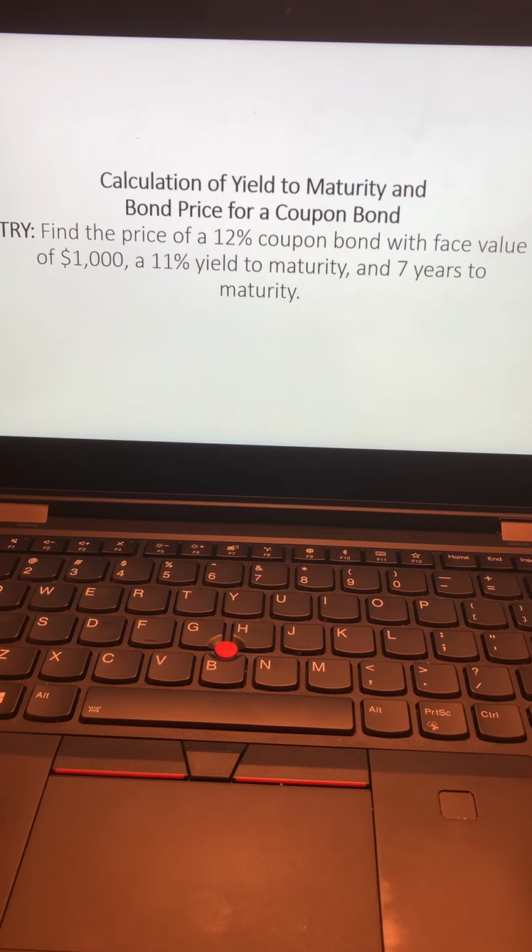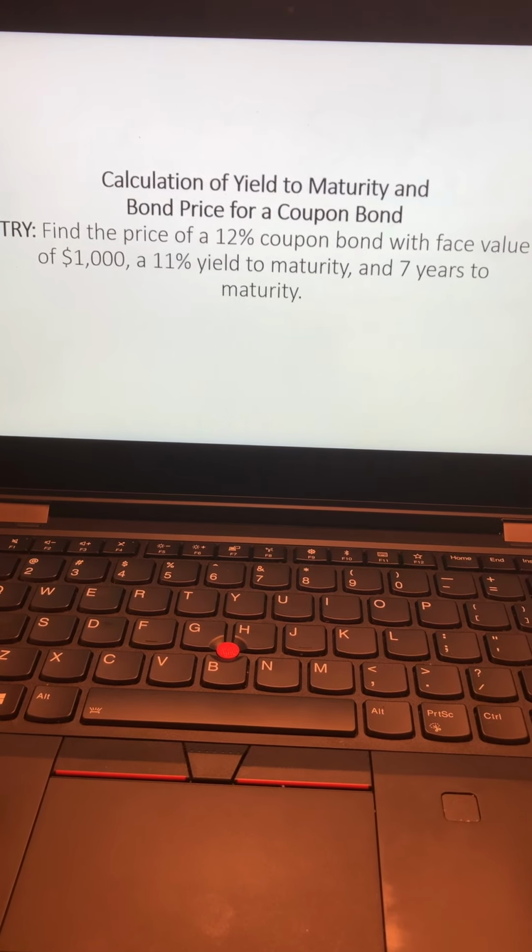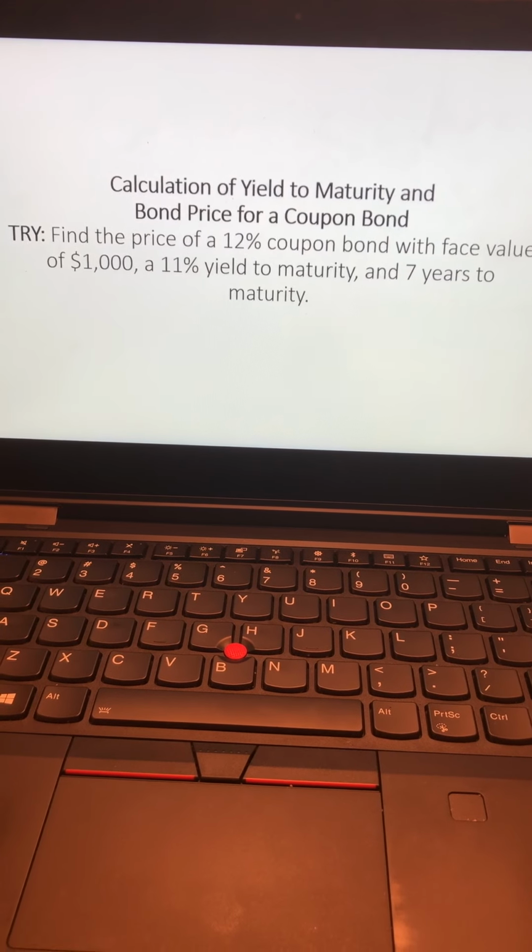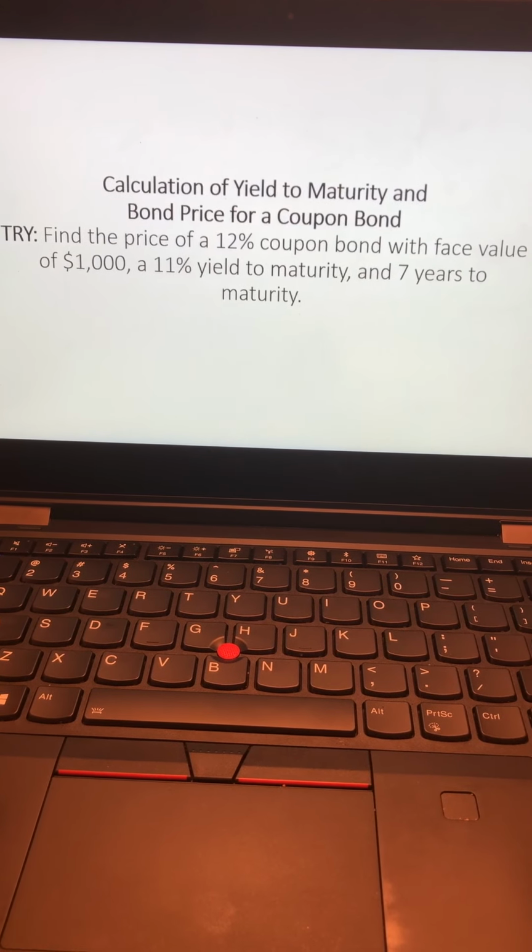So when we're looking at calculating price, we're looking at the price today or the present value.